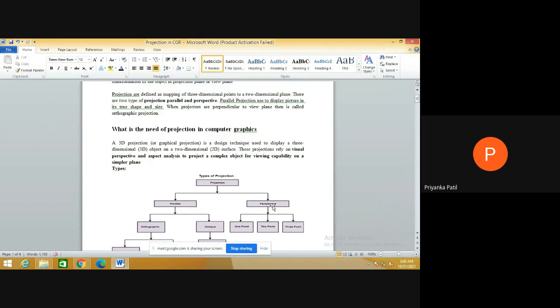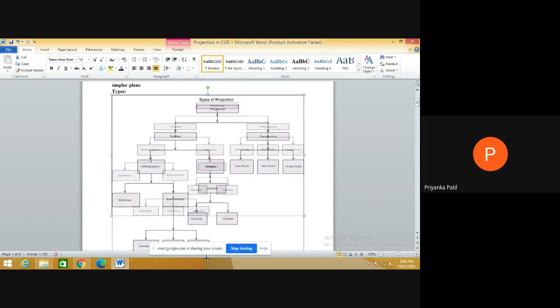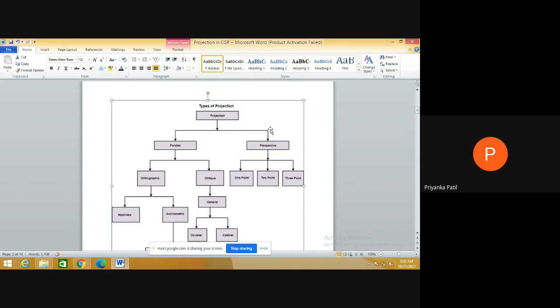projection parameter. Here is the basic layout of the types of the projection. The projection is divided into the parallel and perspective projection. Parallel projection is divided into the orthogonal and oblique projection, and perspective projection is divided into the 1 point, 2 point and 3 point perspective projection.